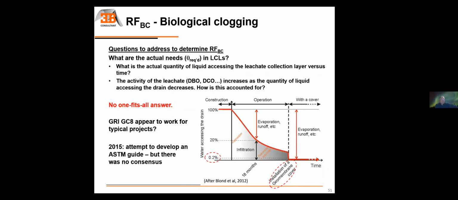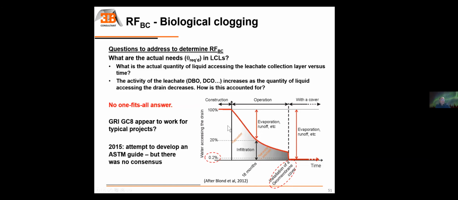The next question being, what do we actually need in terms of flow in the landfill? Because the more you increase the waste height on the landfill, the less water or leachate actually reaches the drainage layer. After construction, that's mostly rain.